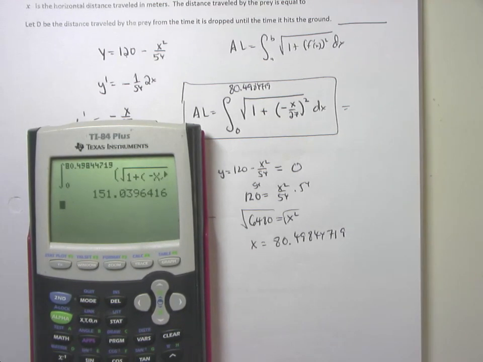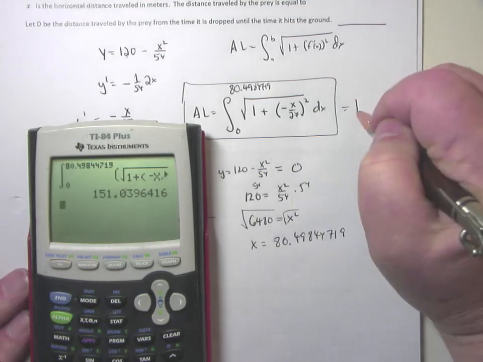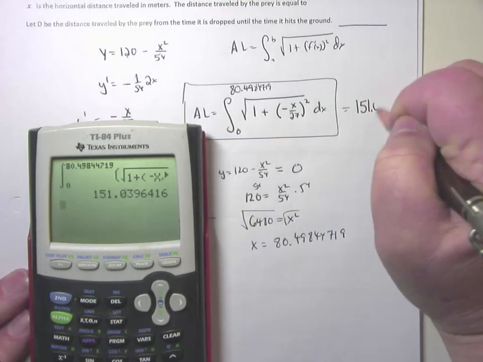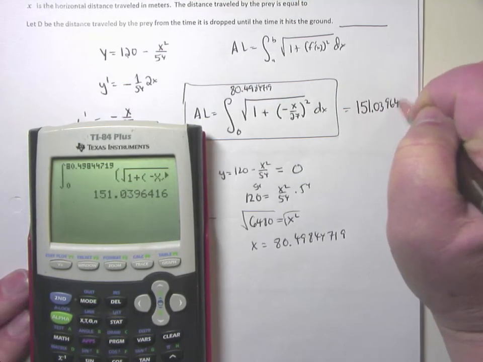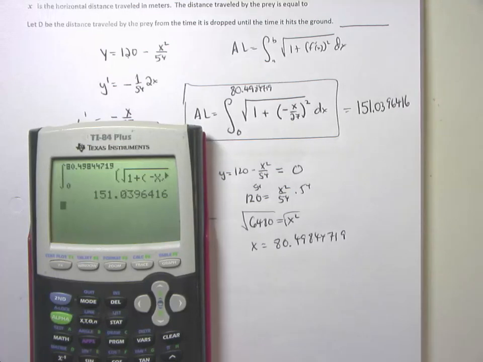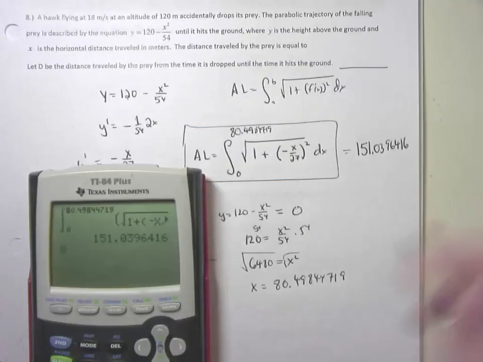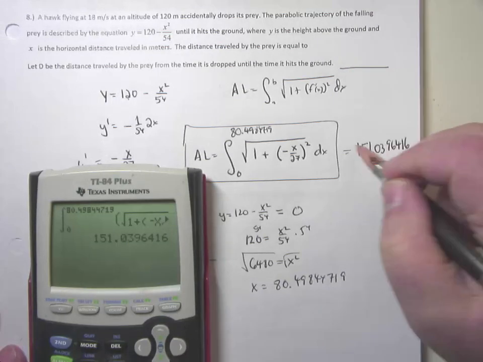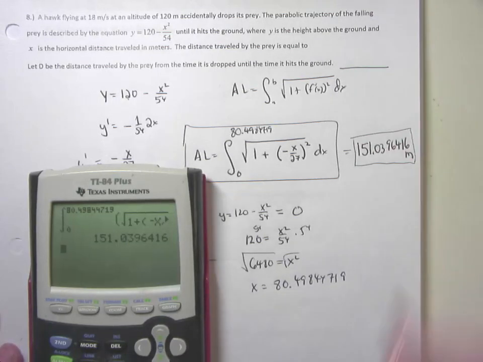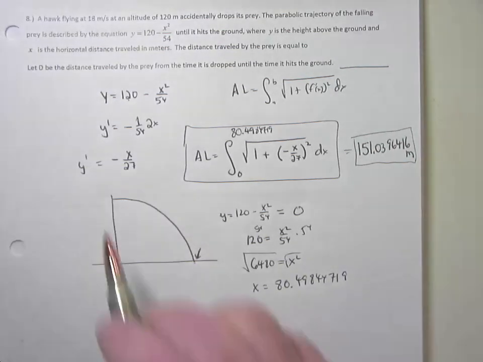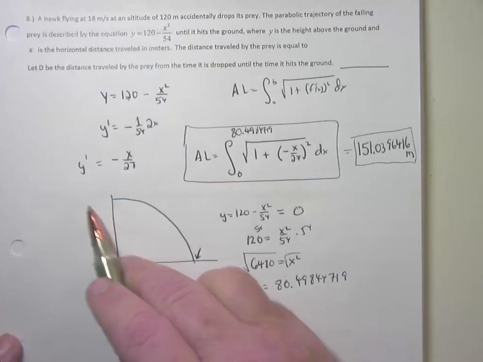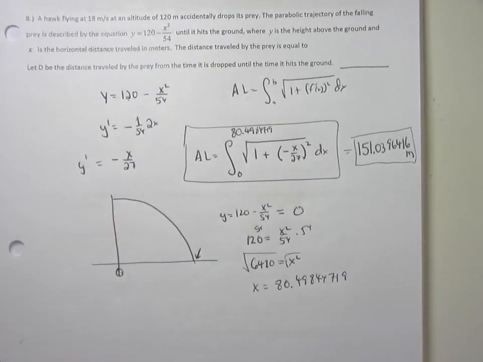How long a path did the prey go before it actually hit the ground? 151.0396416. Very good. All this stuff was measured in meters. So understand what we got here. We got a nice little bunny rabbit grabbed by a hawk, flying along, and he's just squirming, all kinds of worried here, clearly.